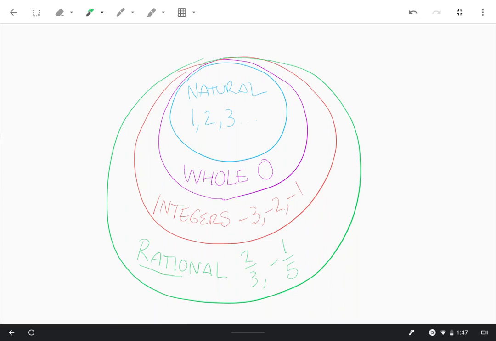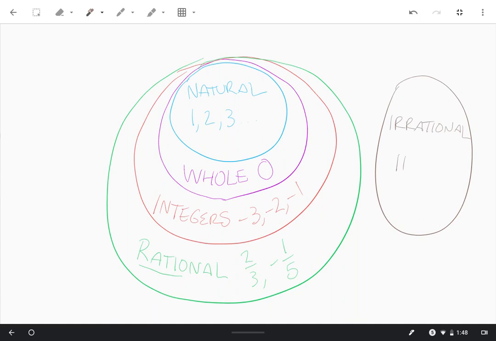And then we have a term for all the numbers that don't fit in this rational category. They come over here on their own, and they are called irrational. Irrational numbers are not any of the numbers we've covered so far, and they are not able to be written as fractions.